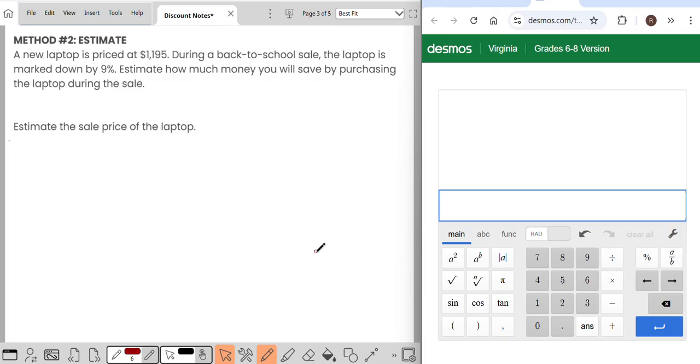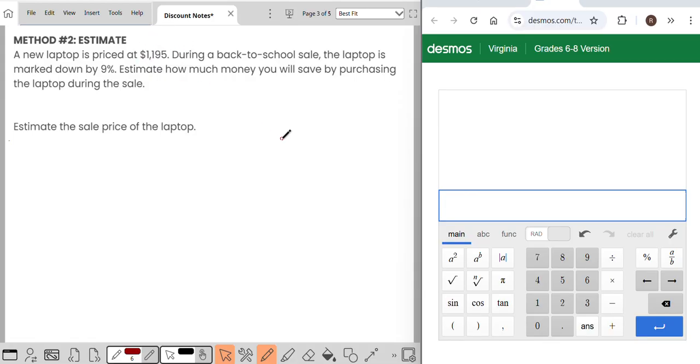All right, so it asks us to estimate how much money we are going to save by purchasing this laptop on sale. So I'm going to come back down here because we're doing some estimating, which means we just want to be close. Well, look at this price here.